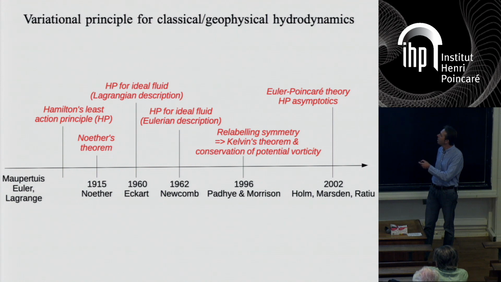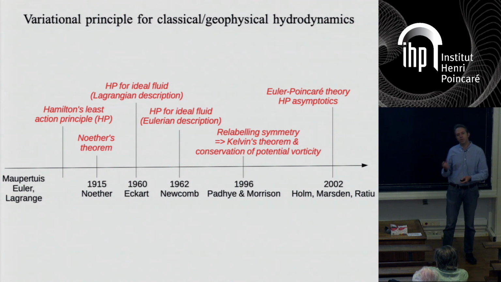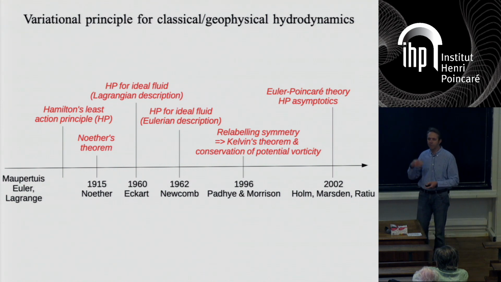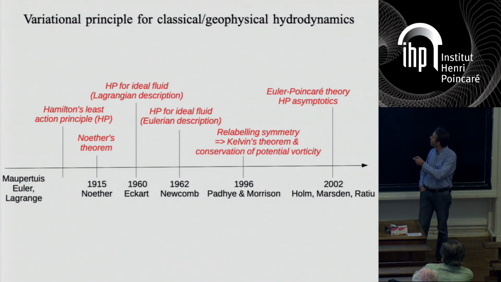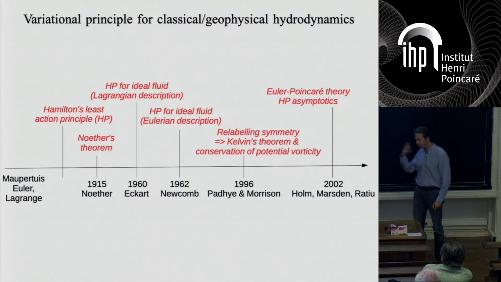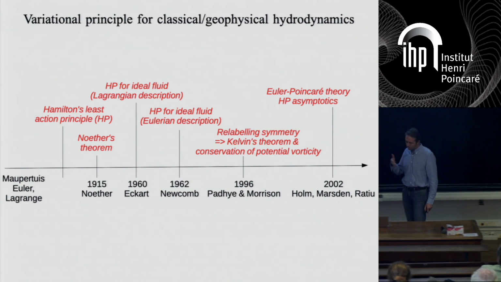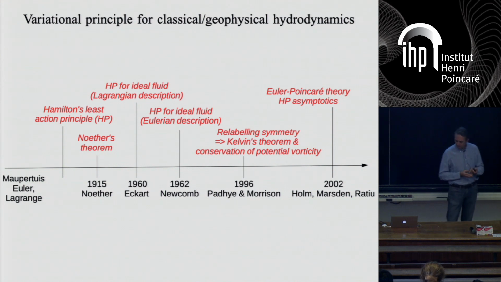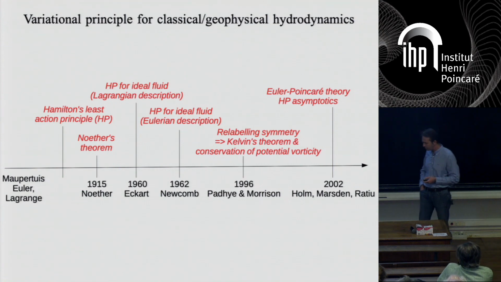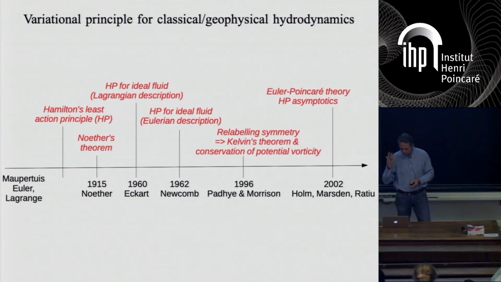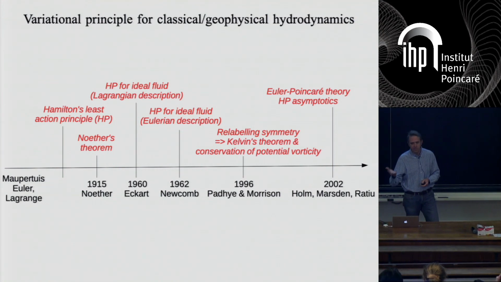Then Noether demonstrated the link between the existence of a variational principle, the symmetries of the Lagrangian, and the existence of conservation laws. And later this was applied to fluids. And more recently, this has also been reframed in a very general, elegant and abstract way by Marsden, Holm and others, using tools from differential geometry, Lie groups, and so on.